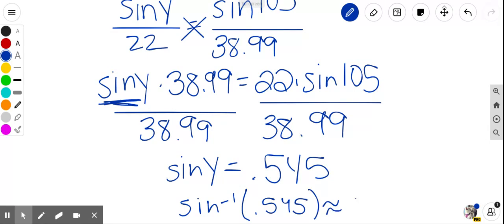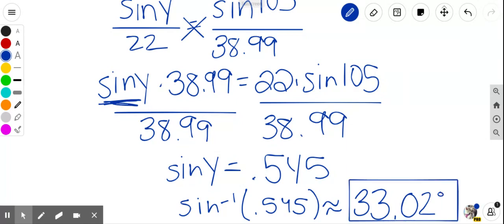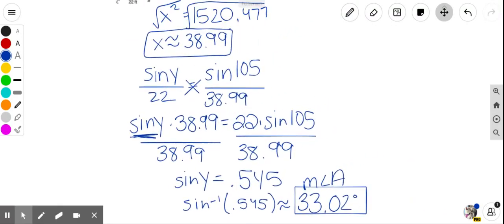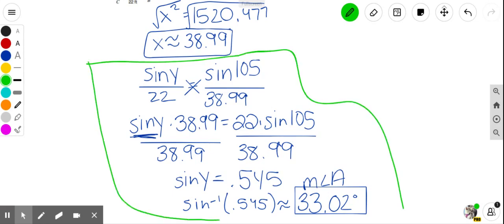Okay, so it's about 33.02 degrees. So that's the measure of angle A. Let me do a little separation line here. Okay, so there's angle A.